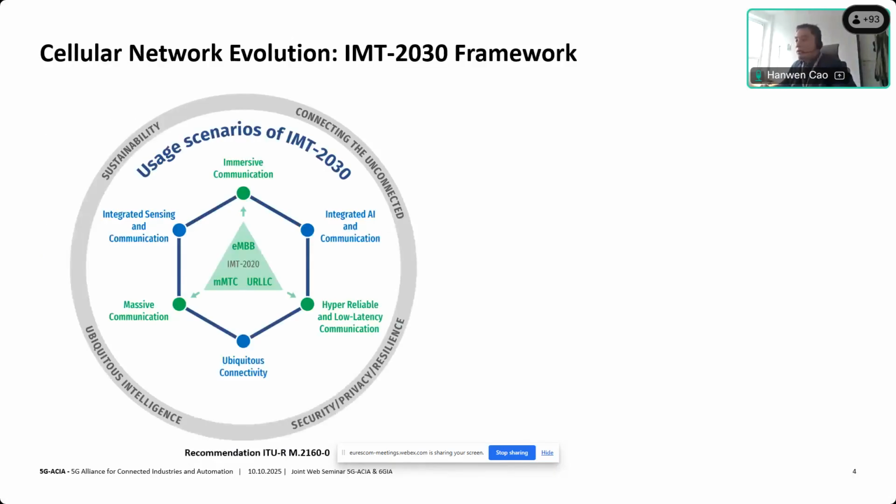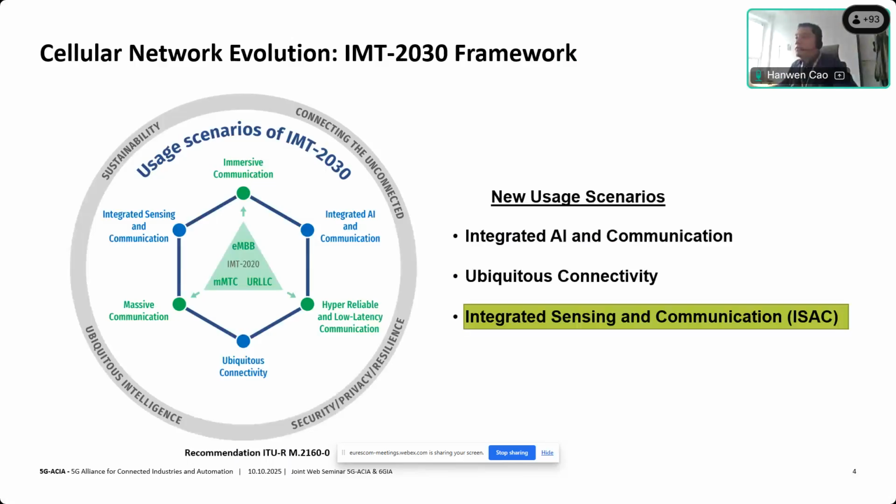Okay, so I see every expert now in this webinar should know this famous picture that the evolution of the 5G technologies is taking into account 3 new features, including the integrated AI and communications and ubiquitous connectivity, and particularly the integrated sensing and communication, ISAC, from the, let's say, vision of the ITU for the IMT 2030 framework.